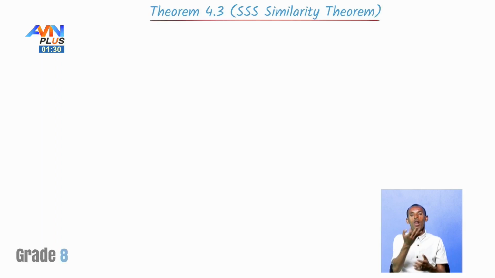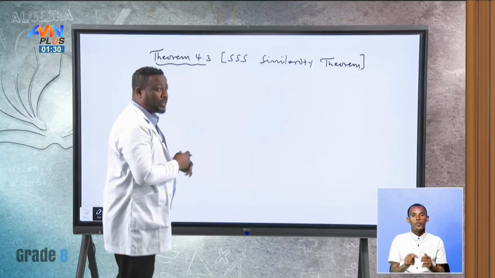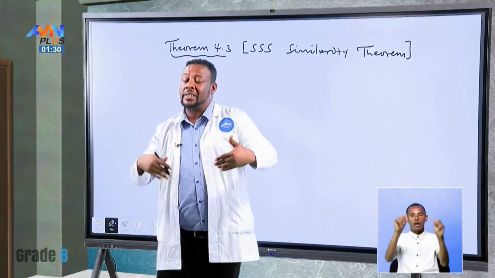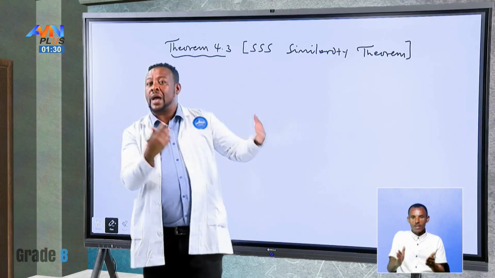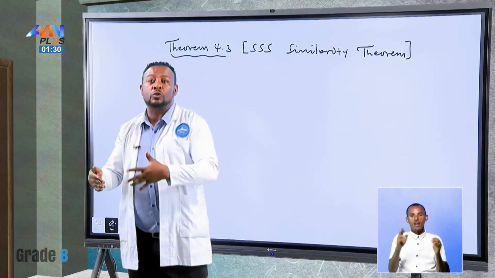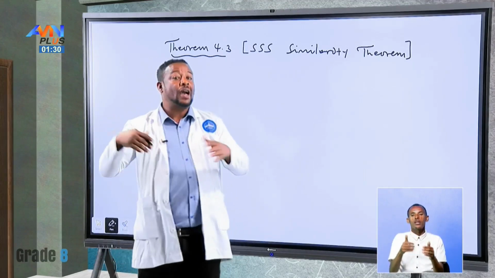Well, in this third theorem, two triangles are said to be similar if all sides of a triangle are proportional to the corresponding sides of the other triangle.